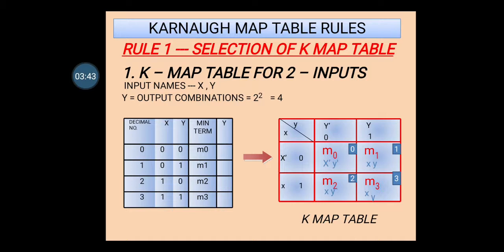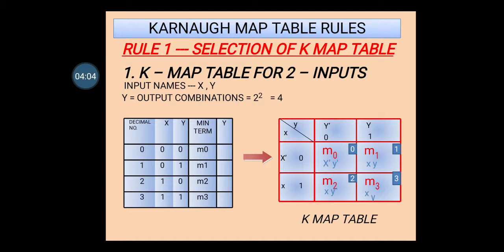For that, the K-map table can be arranged like this. The same truth table is arranged as shown here. In the K-map table, you can see the input x is arranged column wise and input y is arranged row wise.